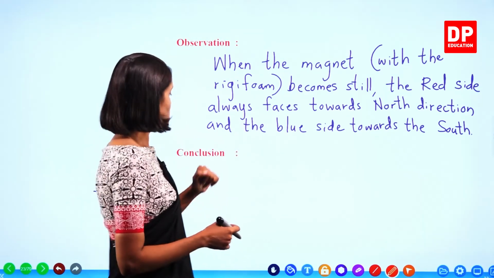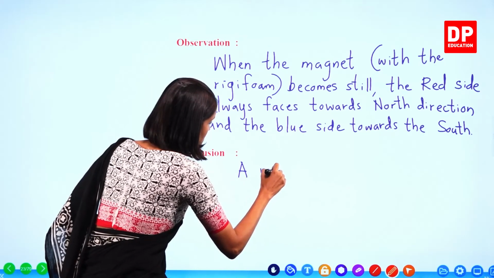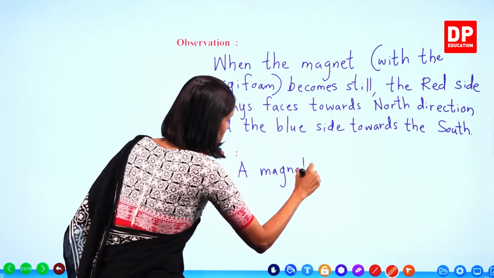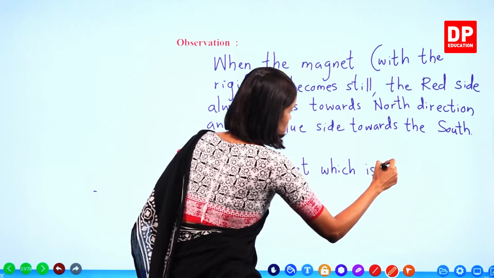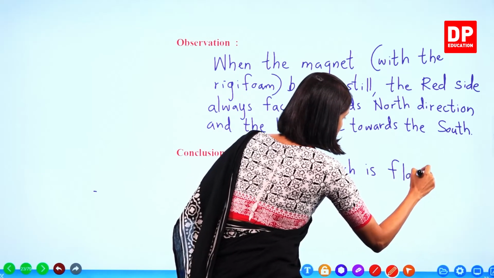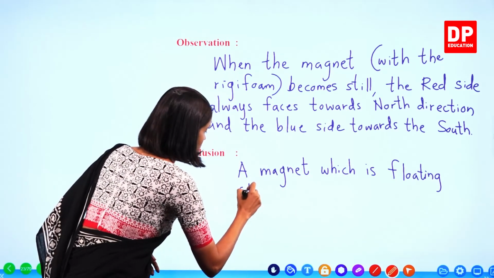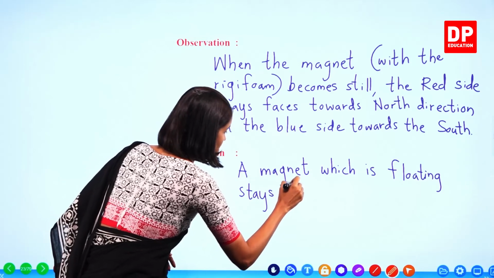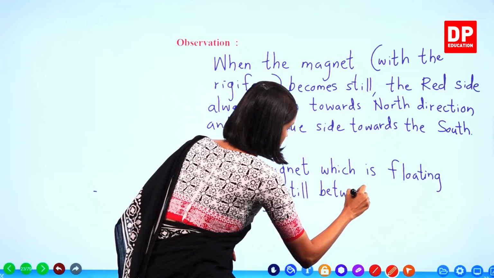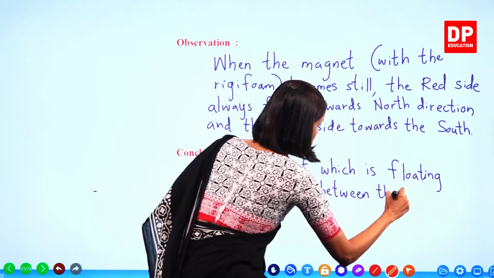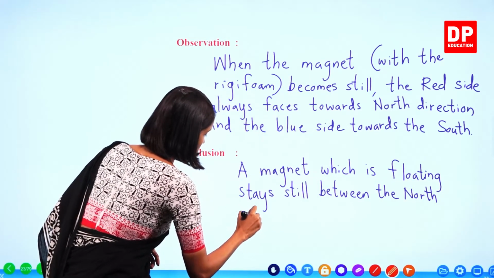Okay? Let's write. A magnet which is floating stays still between the north and south directions.